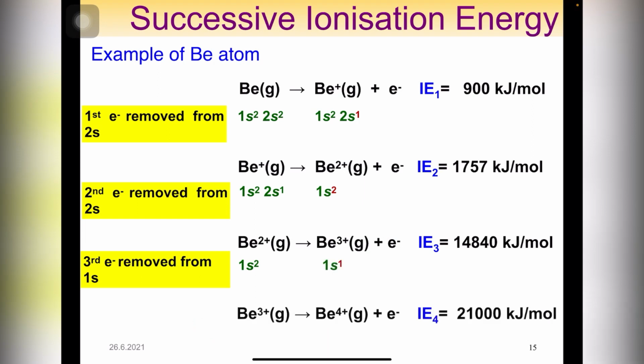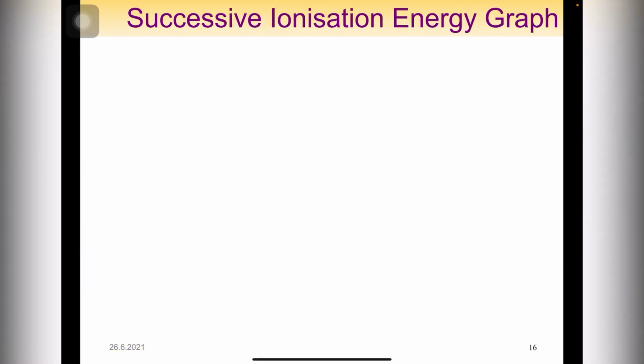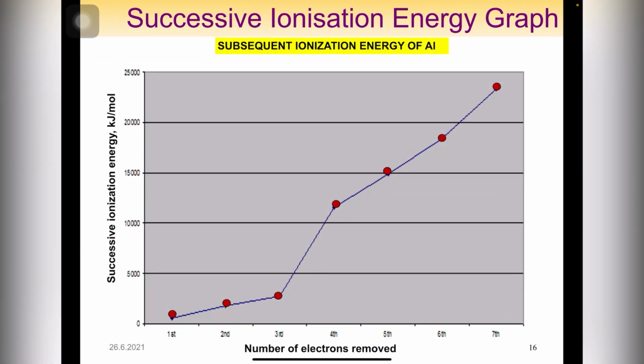And until the last one, when it forms Be4+, of course that one is the highest, because it is the only electron left, so it needs more energy to remove it.